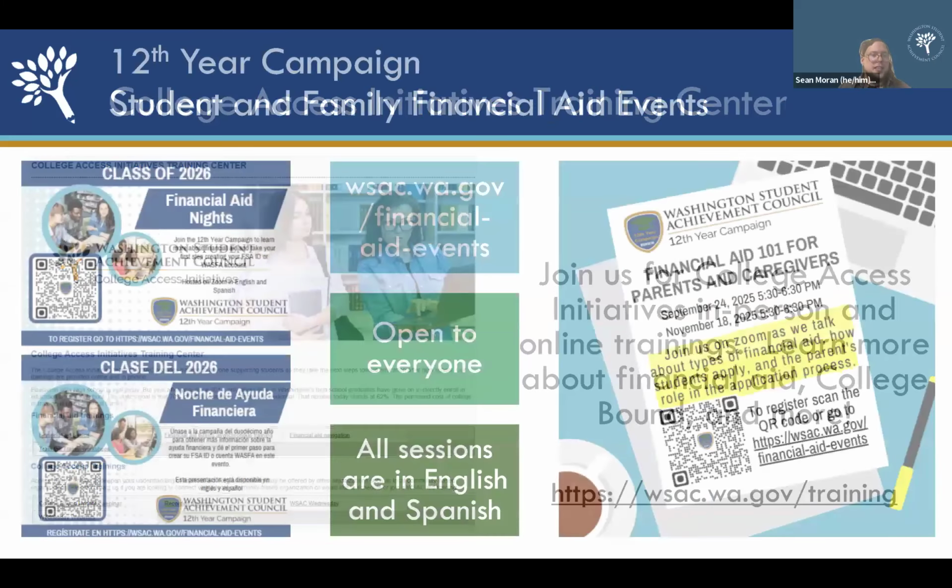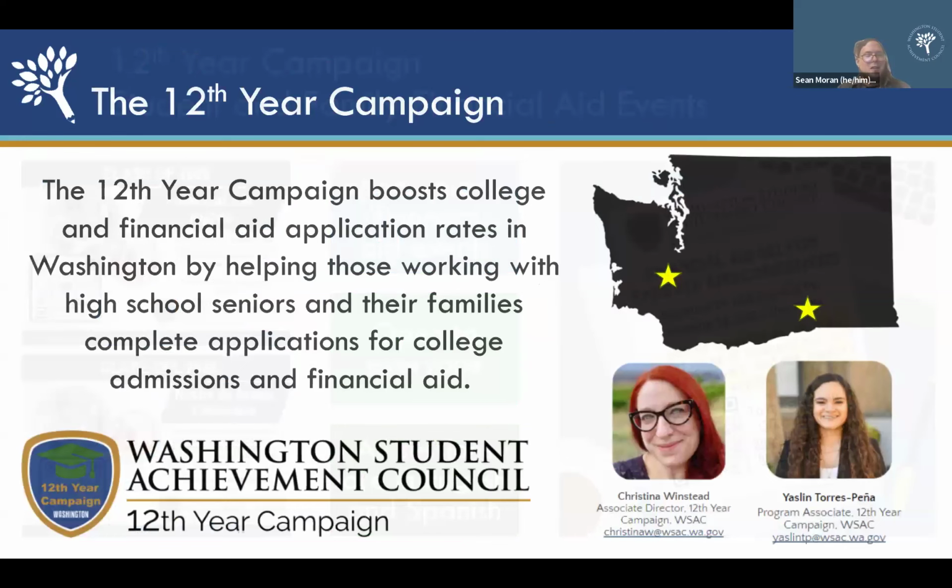One thing I want to mention too, before I forget, about the 12th Year Campaign, is I have included a link to their Padlet, and that Padlet has a variety of valuable resources, whether you're looking at information for mixed status families, for foster youth, McKinney-Vento, unaccompanied youth.